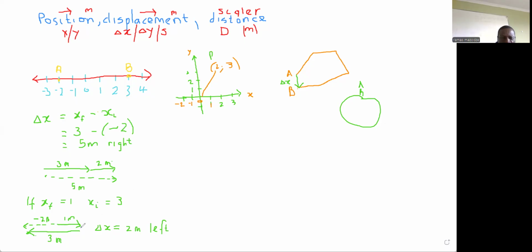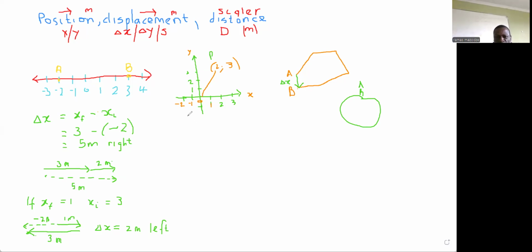You have -3 there, tip to tail, and then your resultant is tail to tail with the first one and tip to tip with the last one. The answer is -2 meters. Because displacement and position are vectors, your delta x is 2 meters to the left. I hope you get that one.